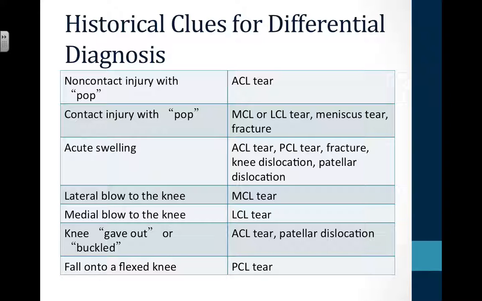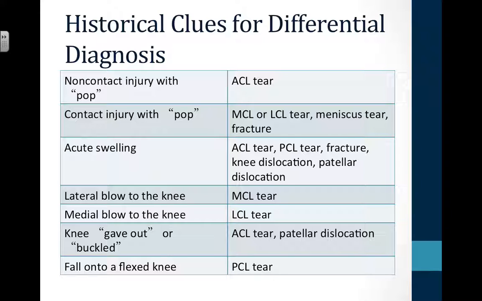This is just a quick diagram to help you with how, when someone comes in to talk to you, we might start to categorize differential diagnoses. We'll get into this in more detail, but this is just a real quick overview, nothing more than what's on the slide here.